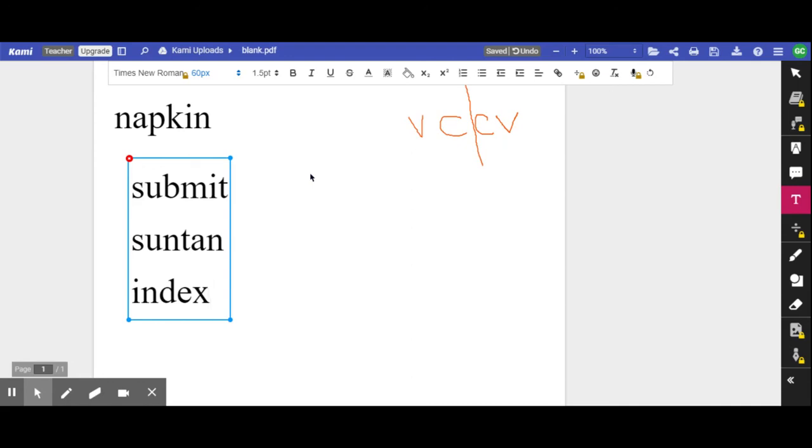All right, let's try a little bit longer one. Spell contest. First, think about the parts in contest, and then the sound in each of those parts. All right, let's check our work.